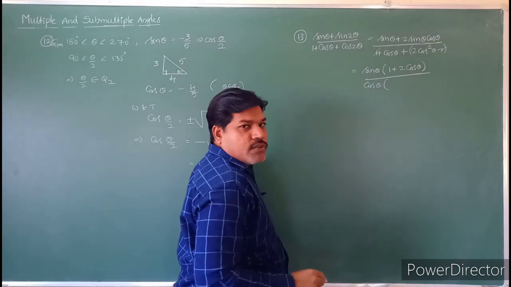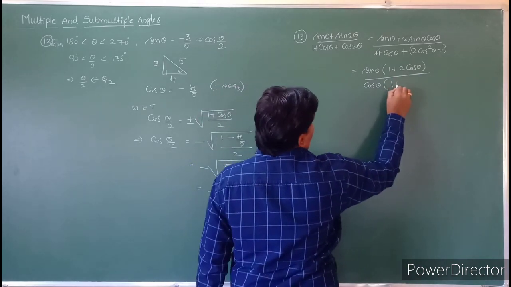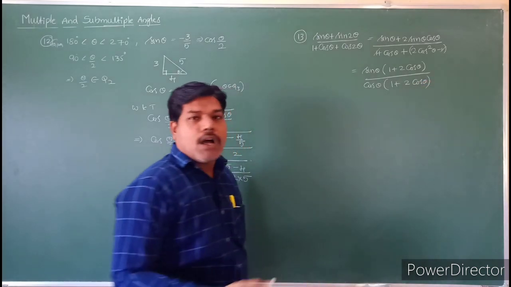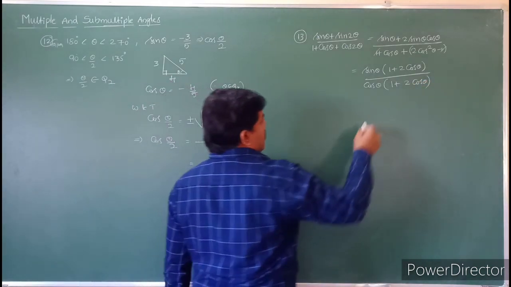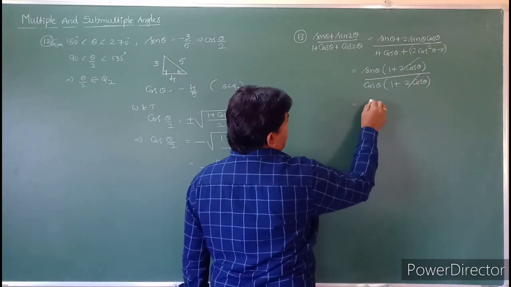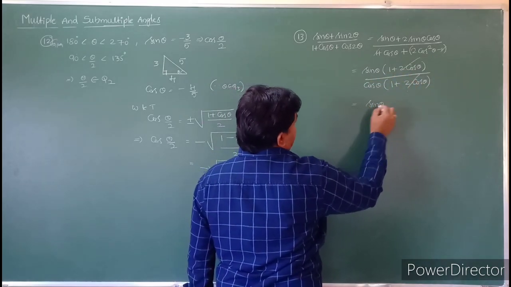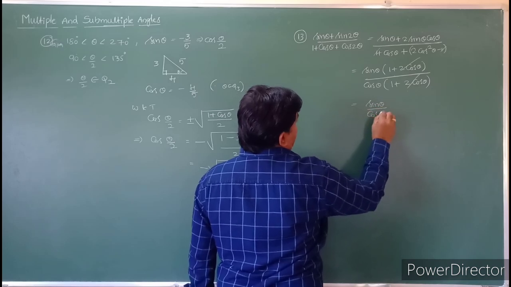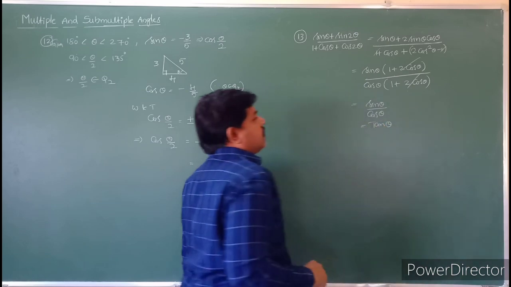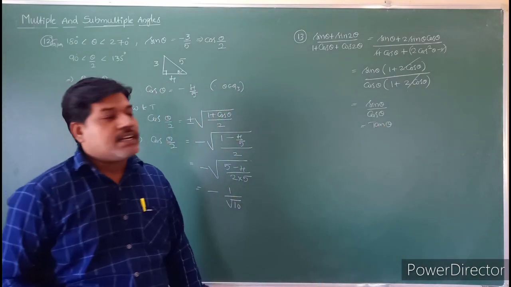What is the remaining value, students? It will become 1 plus 2 cos theta. So what happens here? 1 plus 2 cos theta, 1 plus 2 cos theta will be cancelled. So you will get sin theta by cos theta. That is nothing but tan theta.